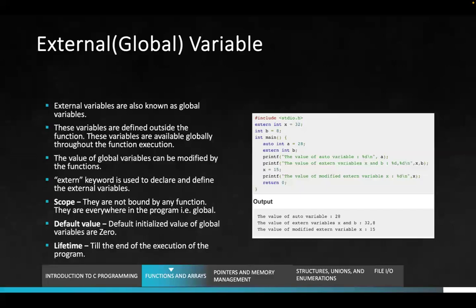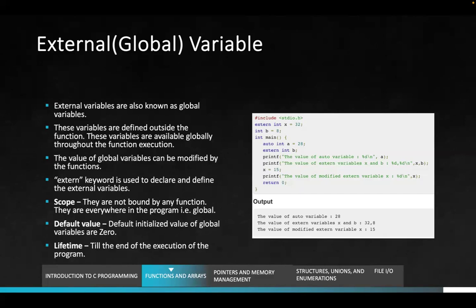As it is defined outside the functions, you can use this variable throughout the functions executed and across the functions as well. These global variable values can be modified in the functions as well. One function can modify and change it for another function as well. So the keyword to use here is extern.